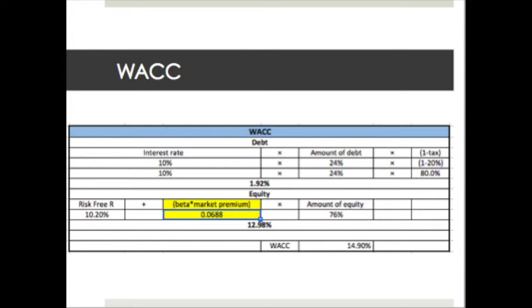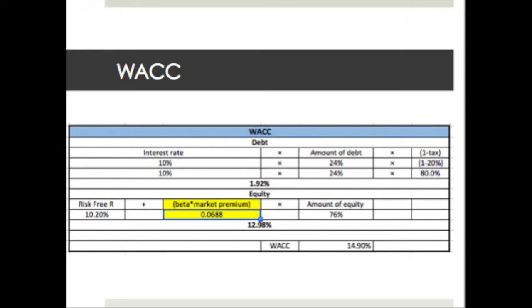The second part is the equity part. It is calculated through getting the risk-free rate and adding it to beta times market premium, times the amount of equity. The risk-free rate is 10.20%.